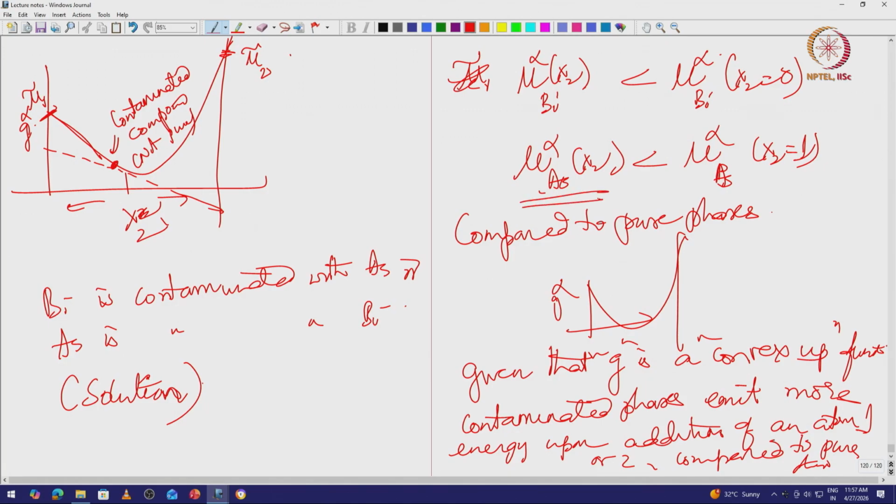So, mu of arsenic at x2, which is a contaminated composition, right. So, mu of arsenic in alpha at x2, which is contaminated with bismuth, is more negative than mu of arsenic in pure alpha, right. So, mu of arsenic in pure arsenic, which is in the alpha phase. Okay. Oh, so that is good, right.